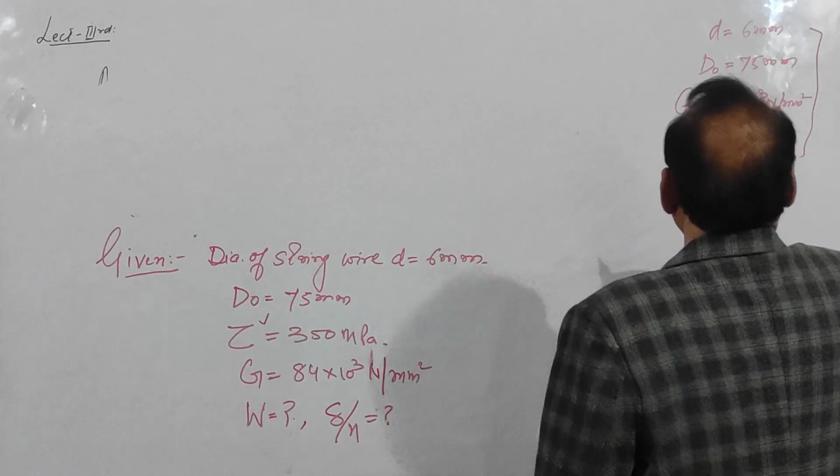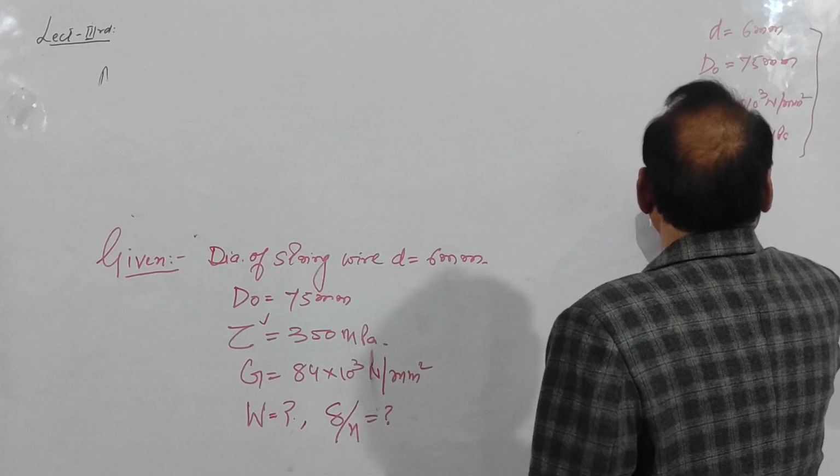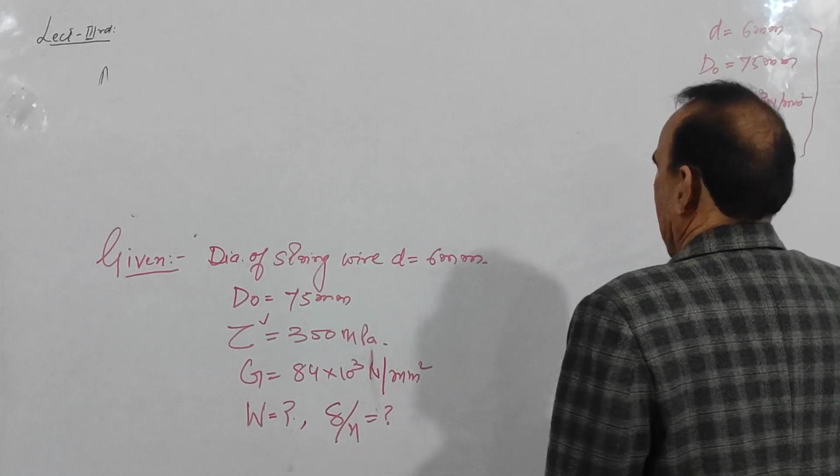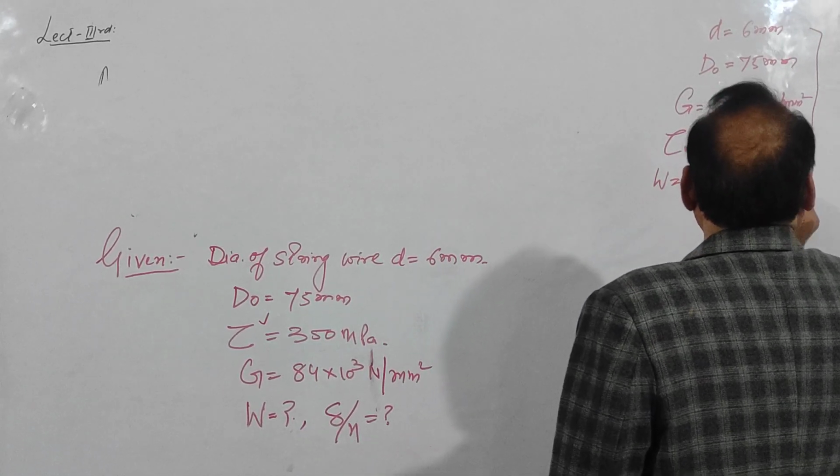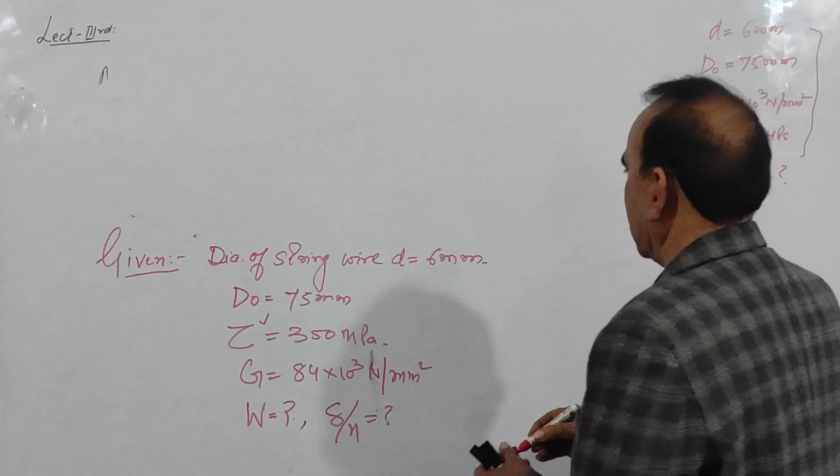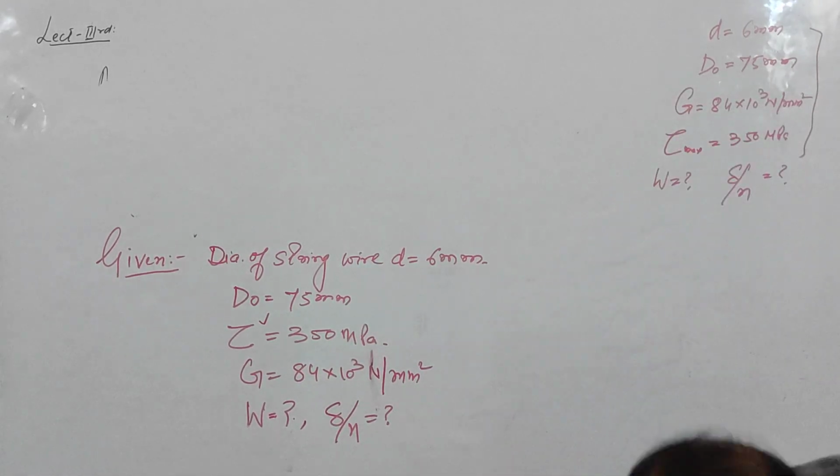So these things are given. We have to calculate the axial load, that is W, and the deflection per unit turn. This we have to calculate, right?